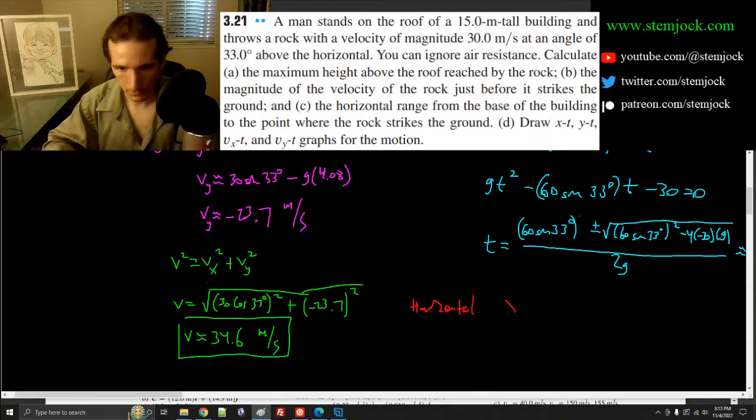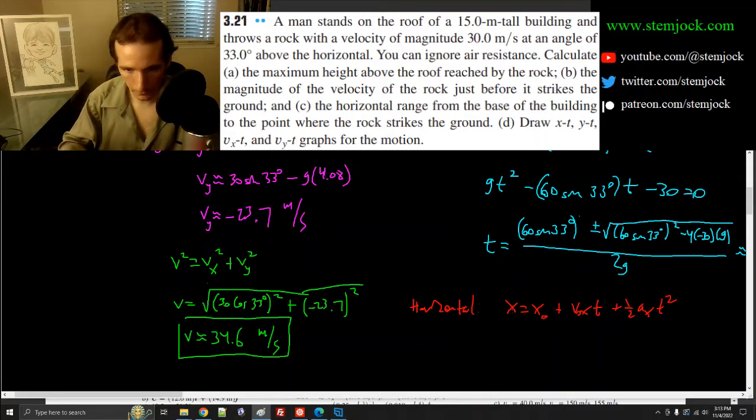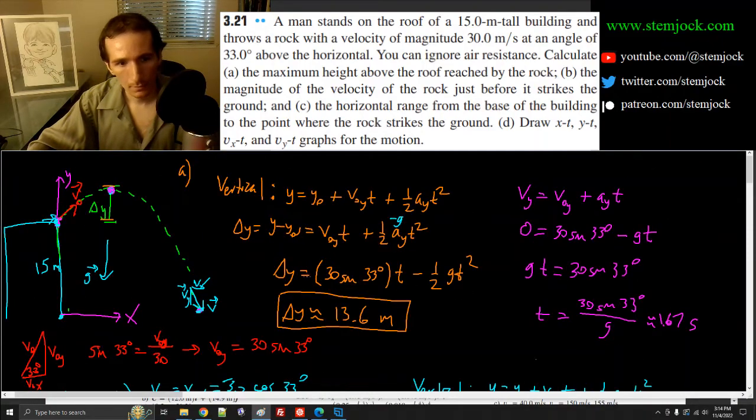So this is going to be x equals x naught plus v0x t plus 1/2 ax t squared. X is what we're looking for. That's the final position. So this here's the final position, and this here is the initial position x naught, which is 0.